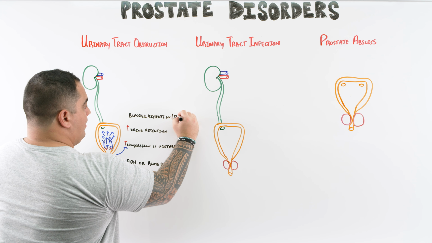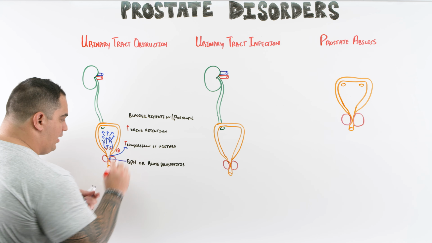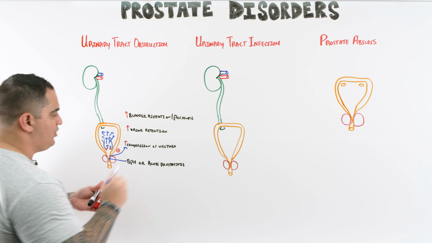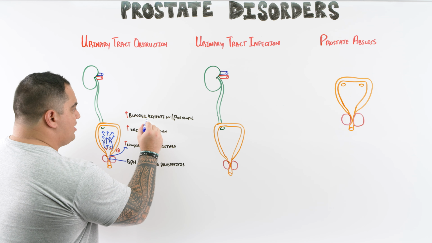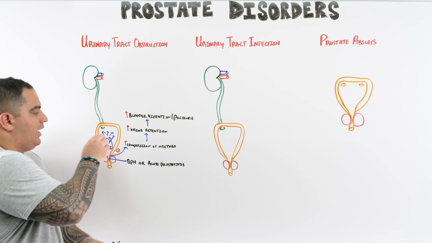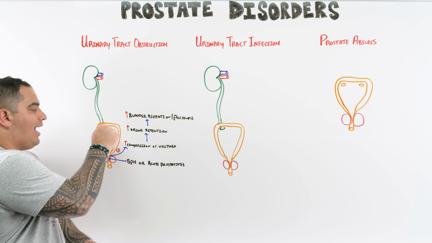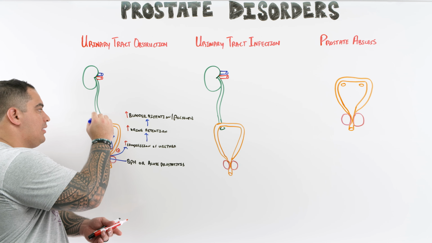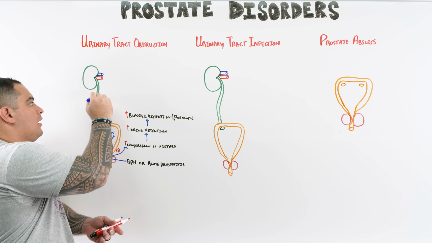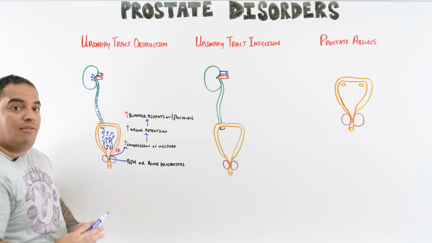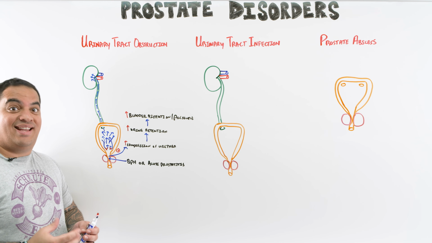So at this point, BPH will stimulate compression of the urethra, lead to urine retention, lead to increased bladder distension, and as a result, an increase in bladder pressure. Now at this point, if the pressure in the bladder is so high, it could start flowing backwards into the ureter, up into the kidney, and then start causing fluid or urine to accumulate inside of the kidney.